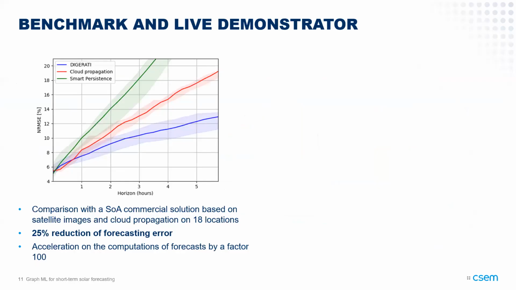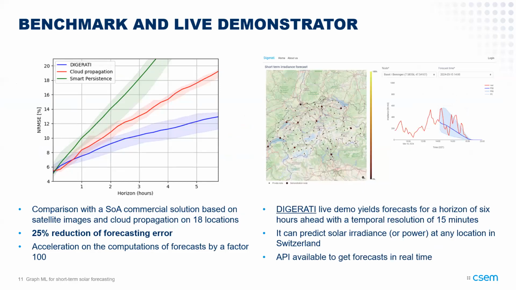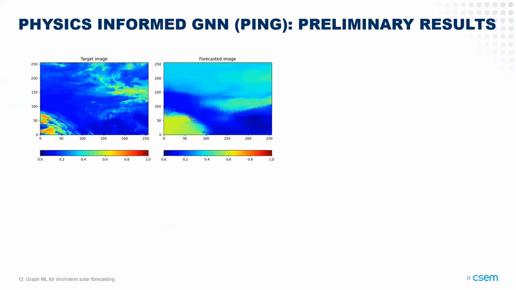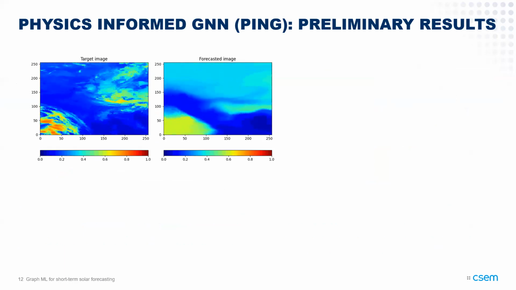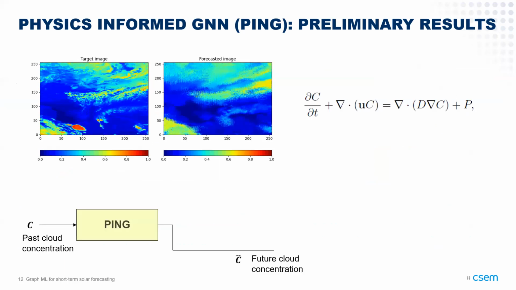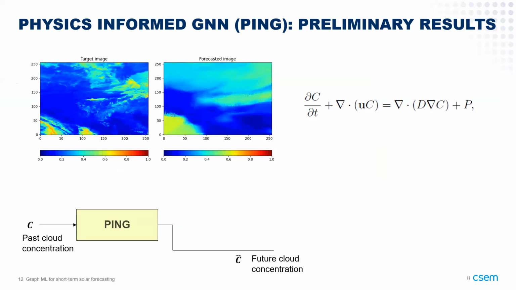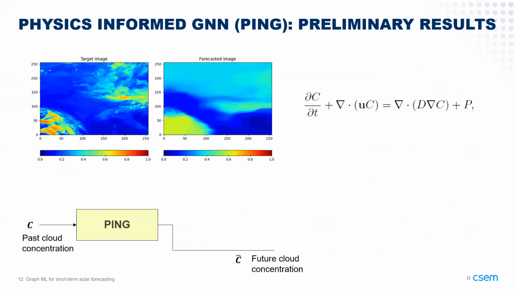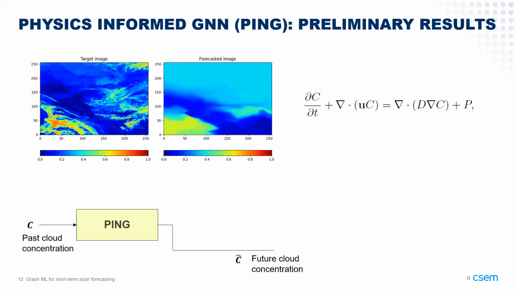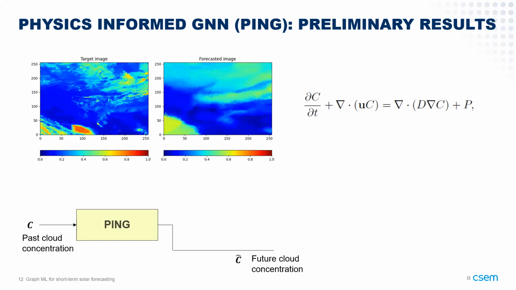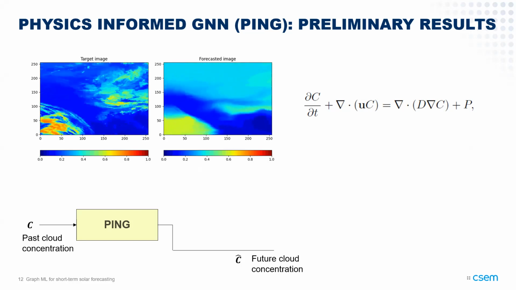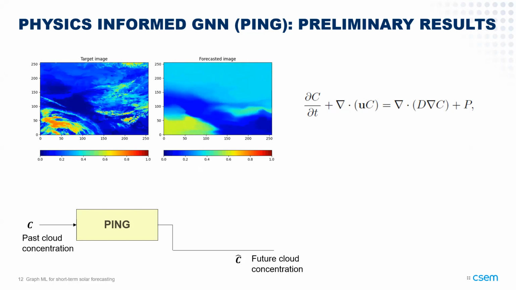Coming back to the presentation, the last thing I wanted to show is preliminary results that we have from a physics-informed graph neural network, where the idea is to take, let's say, images of the cloud index from satellite images, and based on a graph attention architecture that is constrained with a physical model, with an advection-diffusion model, so that it sort of follows the right path, let's try to predict a rough estimation of the cloud index images in the future.